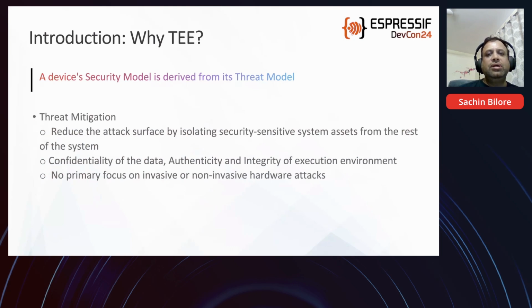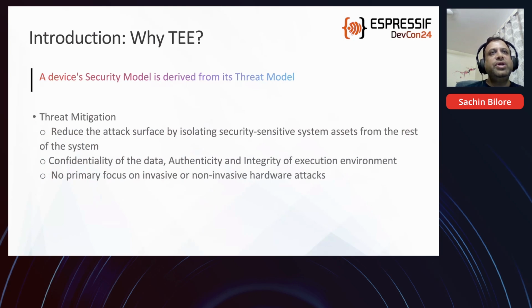So security by isolation is one such mechanism which provides isolation to these security sensitive assets. It not only provides confidentiality to these assets, but also ensures the integrity and authenticity of this execution environment.